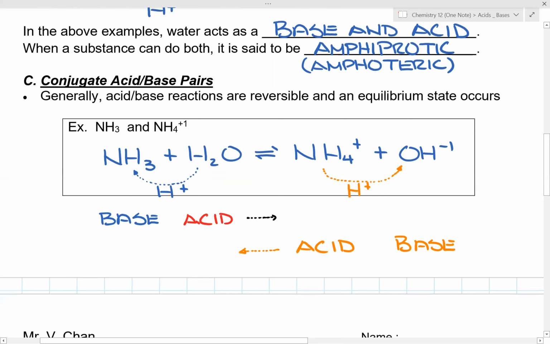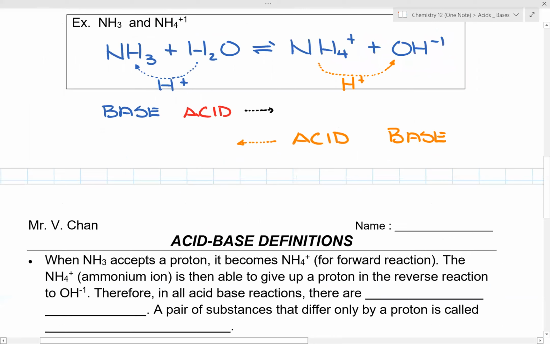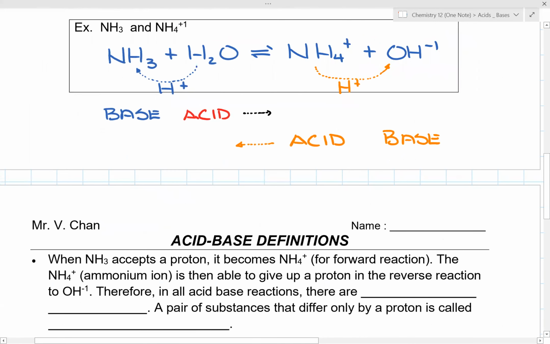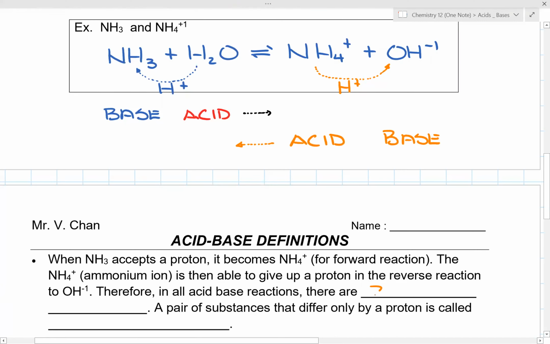Now, this is stated in the next page. It says when NH3 accepts a proton, it becomes NH4 plus for the forward reaction. The NH4 plus ion is then able to give up a proton in the reverse reaction to OH minus 1. Therefore, in all acid-base reactions, there are two acids and two bases.